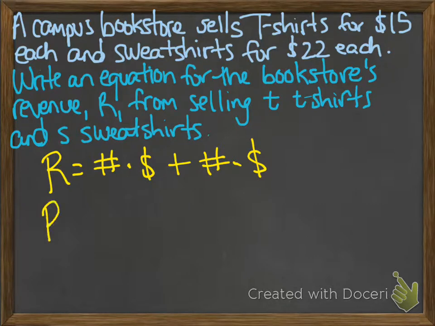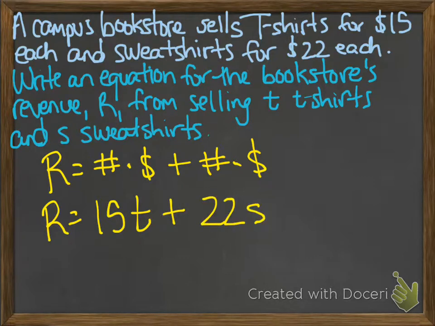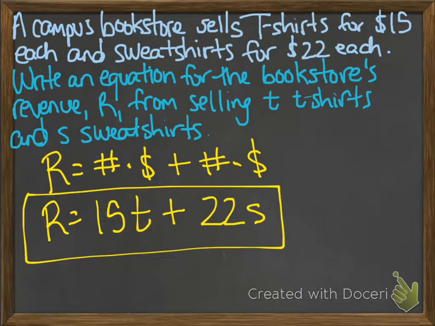So my revenue, well, the price of the t-shirts is $15 and I'm selling T of those, plus the price of the sweatshirts is $22 each and I'm going to sell S of those. So this would be the equation for the amount of revenue that the bookstore would bring in.